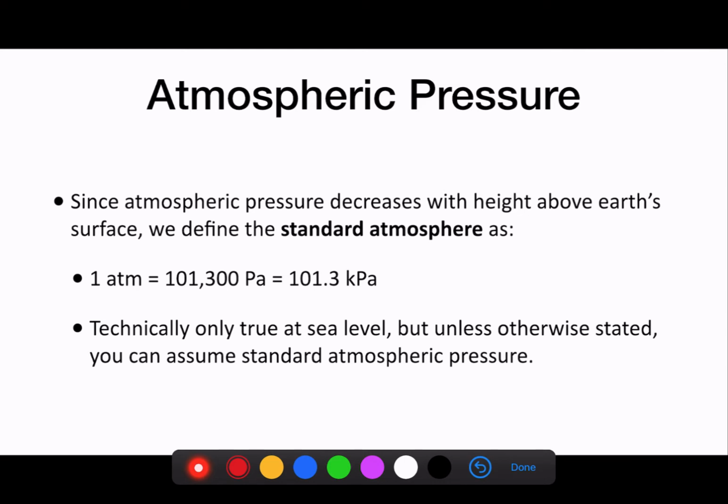Now, this is technically only true at sea level, but unless otherwise stated, you can assume standard atmospheric pressure in any problem that you run into. The SI unit for pressure, again, is pascals. So if you see the pressure written in terms of atmospheres or kilopascals, you will need to convert it in order to be able to do your calculations correctly.